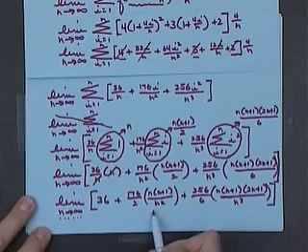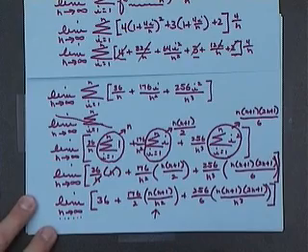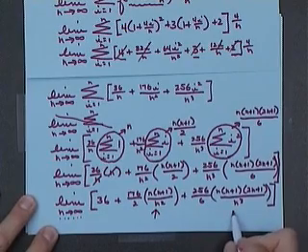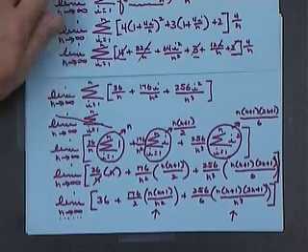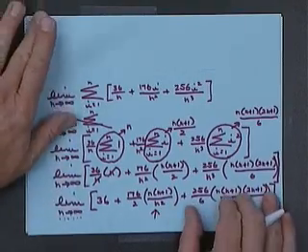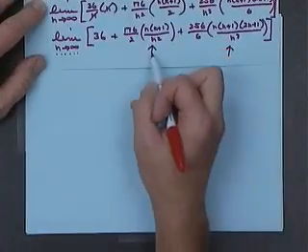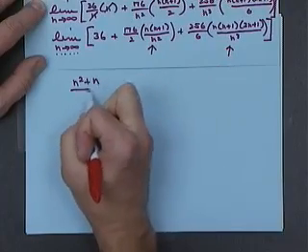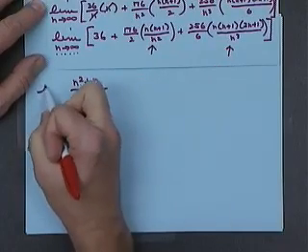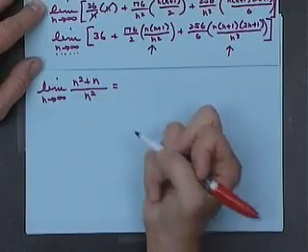As n approaches infinity, we can simplify that. So this thing right here becomes n squared plus n over n squared as n approaches infinity.